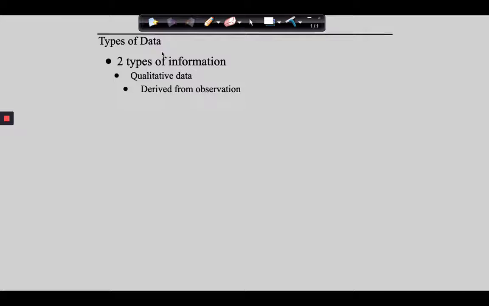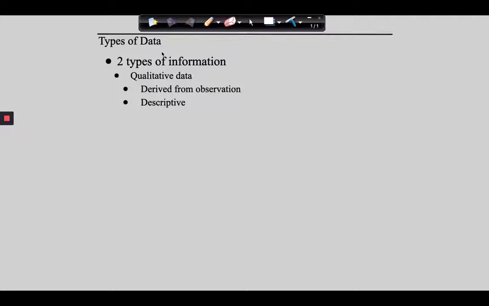So that makes these things descriptive and derived from observation. And today in lab, you're going to be gathering some qualitative data. What are the qualities of the things that you're interacting with? What do they look like? What do they feel like? How do they behave? So these are descriptions.